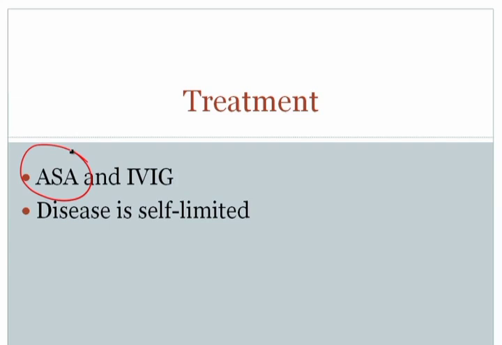In fact, if you pick up any bottle of aspirin, it'll be written on that bottle not to give a child with viral illness aspirin because of the risk of something called Reye's syndrome, where they get encephalopathy and massive liver necrosis. So classically speaking, you would never give a child with a quote-unquote viral illness aspirin. However, in this case, you actually want to give the child aspirin even though it looks like they have a viral illness. Now, obviously, they don't have a viral illness, but it looks like it.